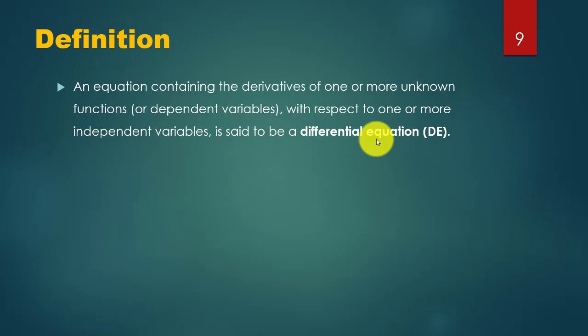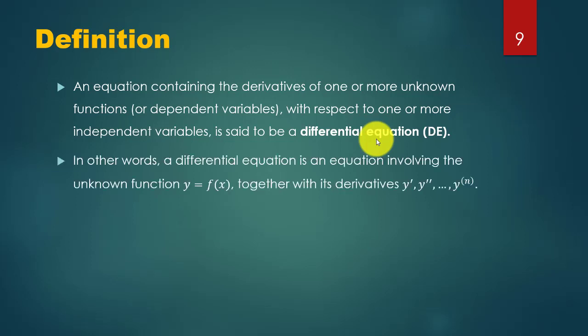We are saying that an equation containing the derivative of one or more unknown functions, that is the dependent variables, with respect to one or more independent variables, which are the known variables, is termed a differential equation.